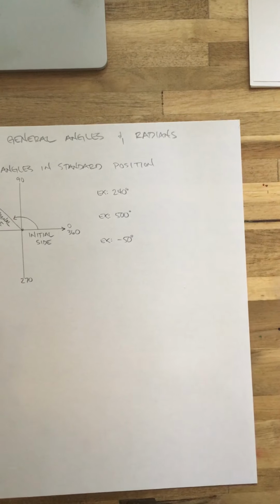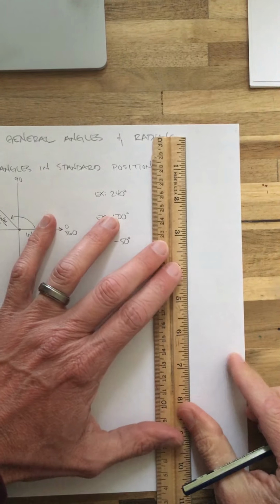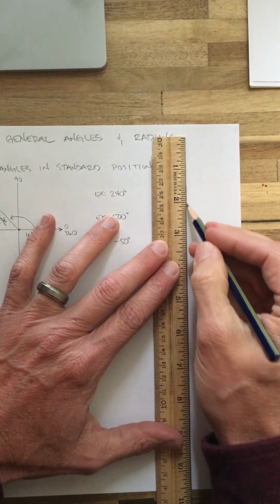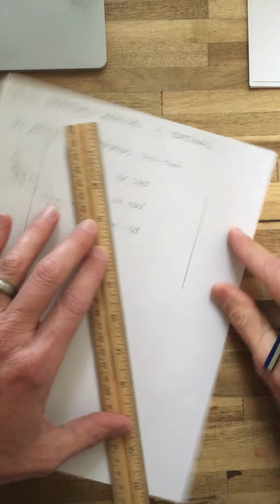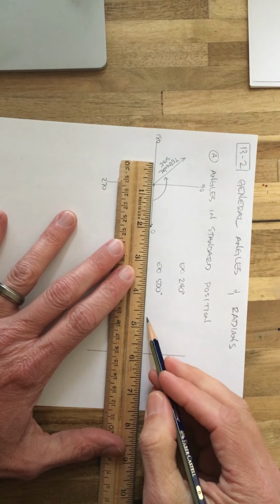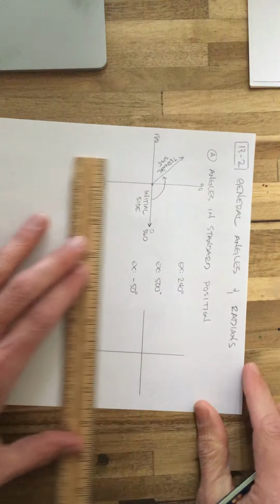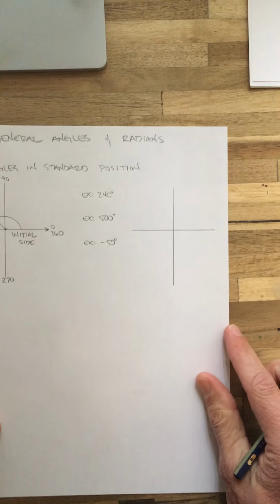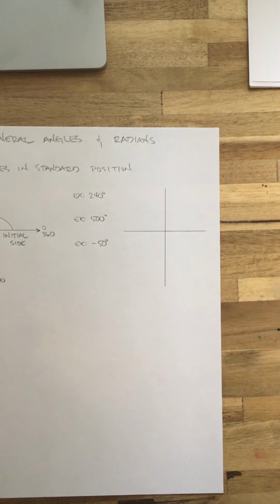Okay. All right, so let me go ahead and just draw some axes here, X and Y axes. Doesn't have to be perfect, okay?